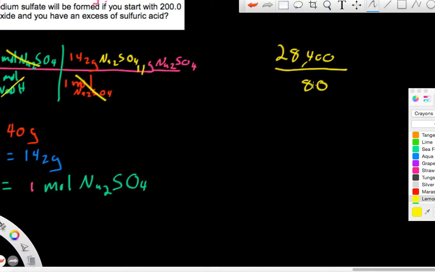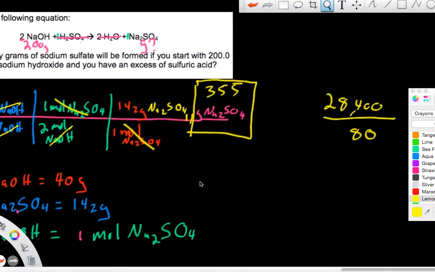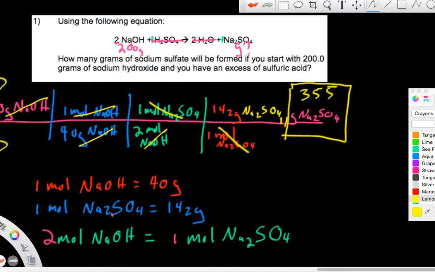Divide the top by the bottom. And I end up with an answer of, you guessed it, 355. And 355 what? Well, what was my unit? Grams of Na2SO4. So my final answer here is 355 grams of Na2SO4 will be produced if I react 200 grams of NaOH with an unlimited amount of H2SO4.